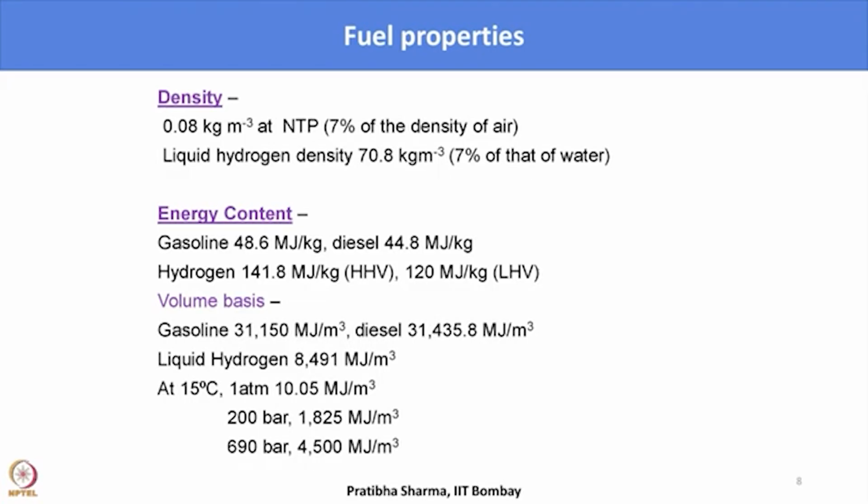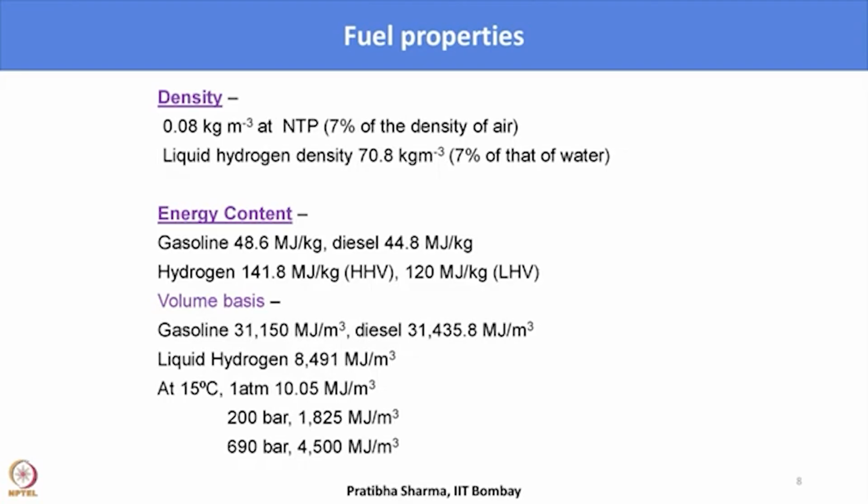Now these very low numbers as against the conventional fossil fuel tell us that in order to store an appreciable amount of hydrogen, a very large volume is required. These numbers also tell how compactly we can pack the molecules together in a given volume.